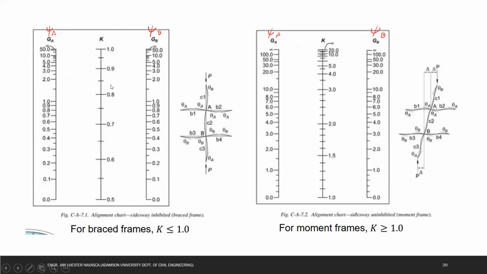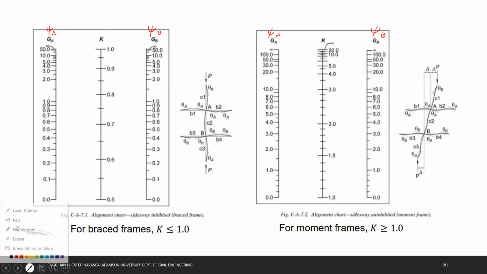After solving for GA and GB, you then need the alignment chart. You use the alignment chart based on your frame, whether you have a braced frame or an unbraced frame or moment frame.